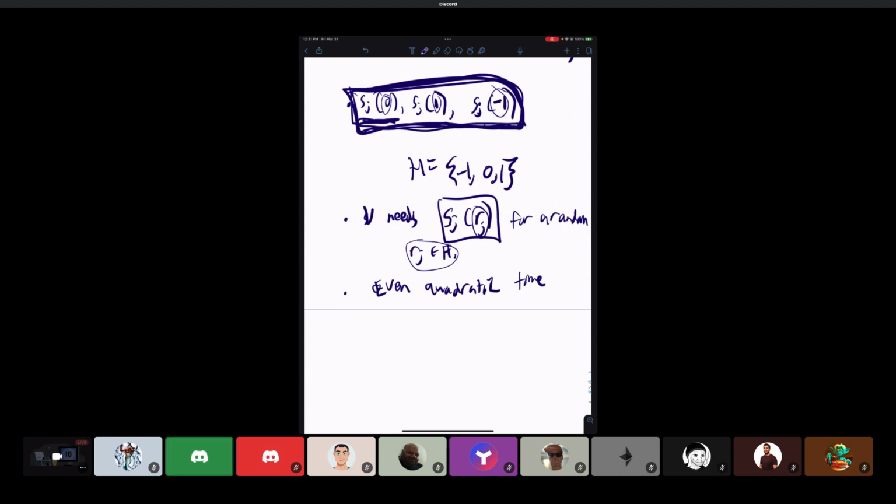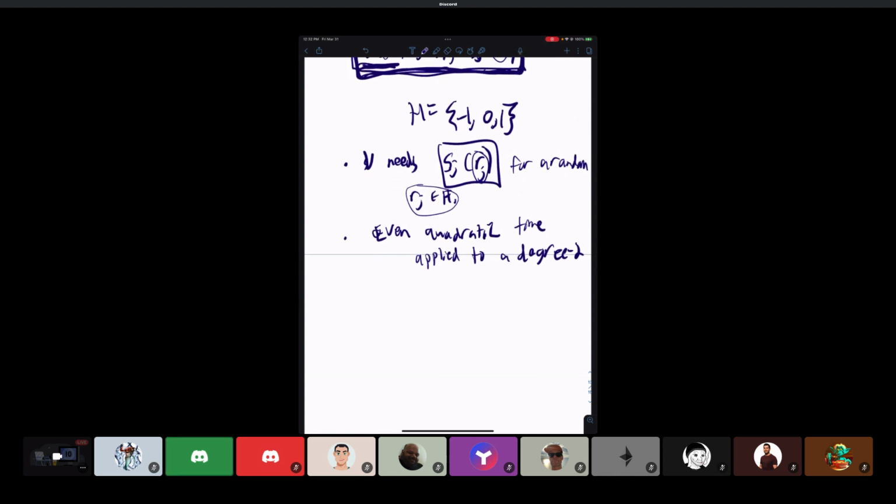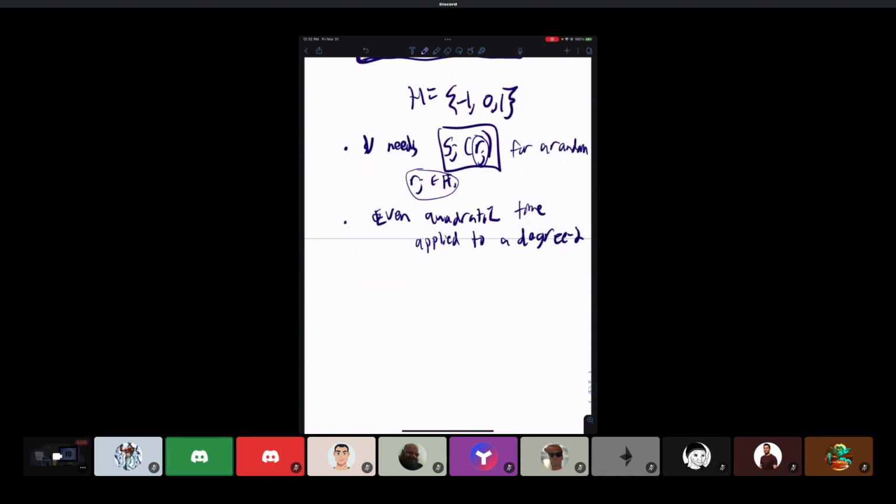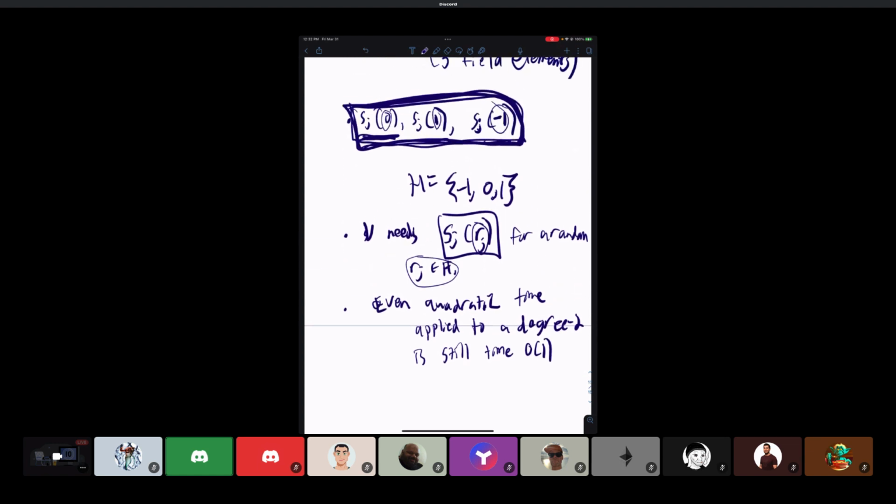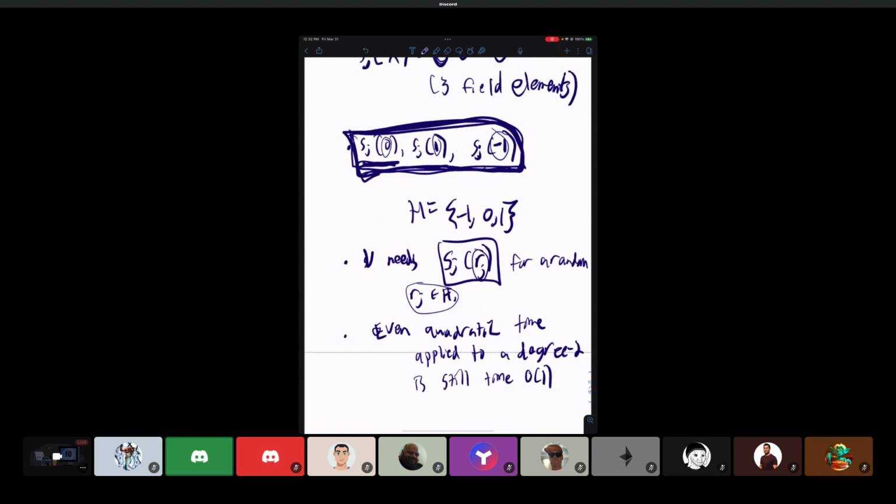Quadratic time in the degree of the polynomial, applied to a degree 2 polynomial, is still just time 4 or something, time 9. There are 3 coefficients. The square of that is 9. So if you don't care about constant factors, you don't even have to use intelligent algorithms to go from these 3 evaluations to the desired evaluation the verifier needs.